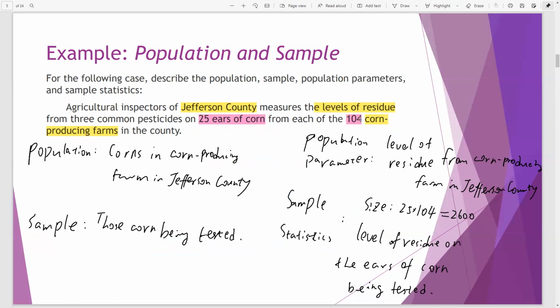In this question, out of the 104 corn-producing farms, maybe it takes 1, 2, 3, or 4 farms and tests every corn in those farms. That will be cluster sampling.